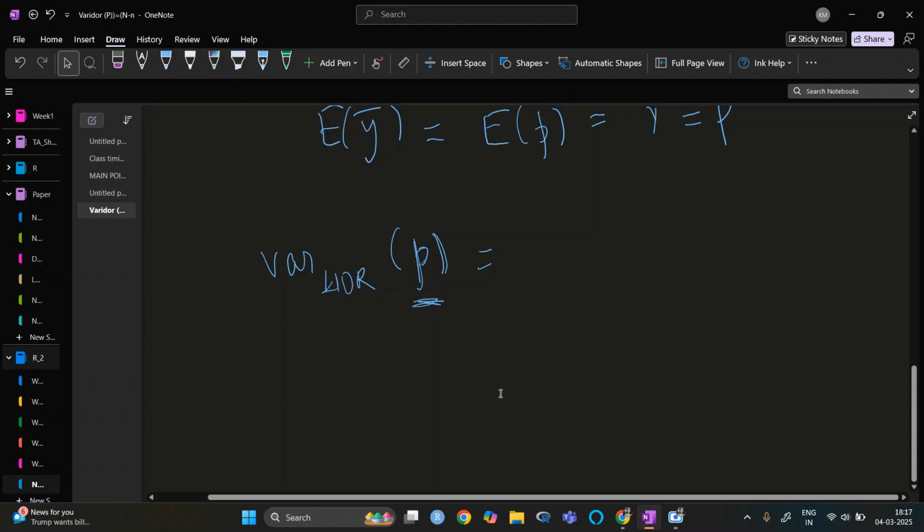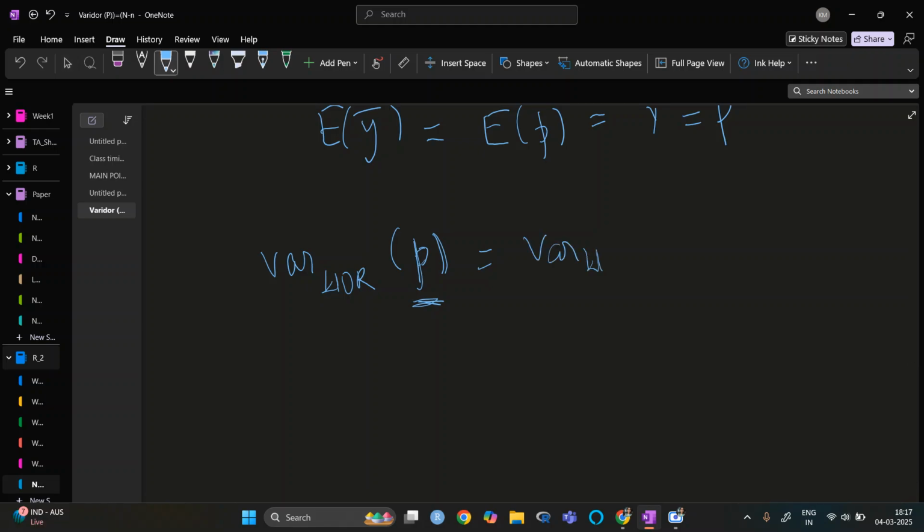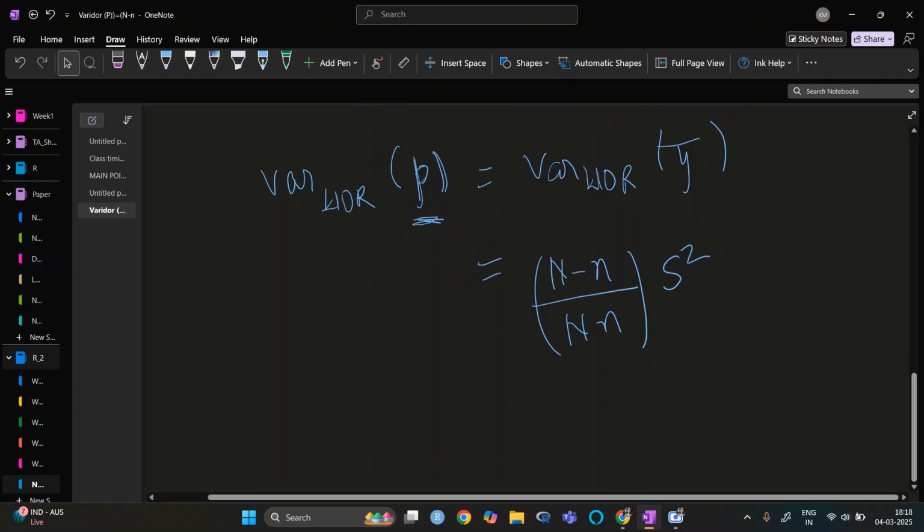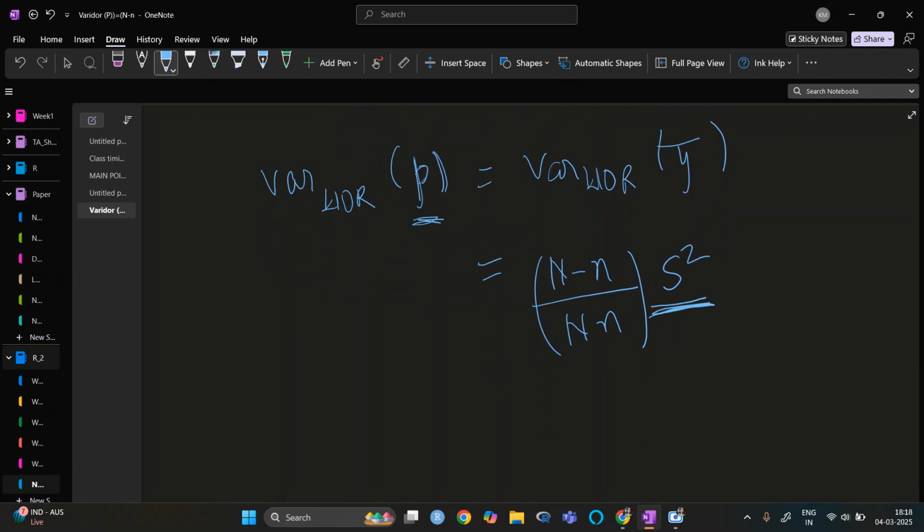So it is the variance of the sample mean. Now for the sample mean, it will be (N minus n) upon N times n, and s square, because this one is just y bar. Now this s square is what? It is N upon (N minus 1) times pq.